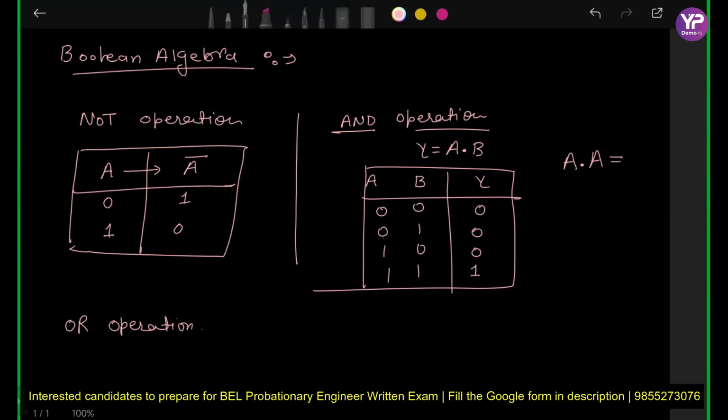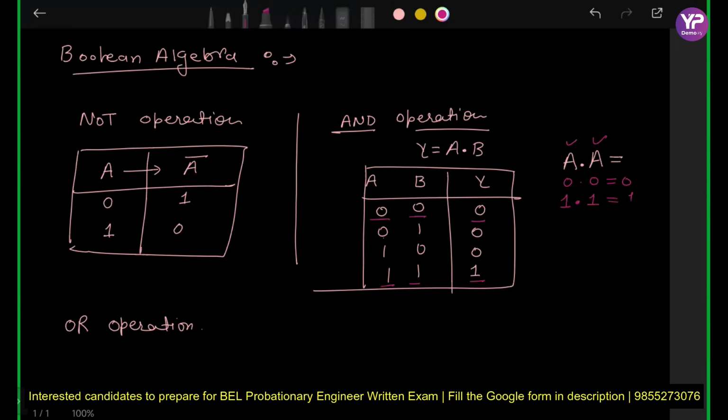That will be A. Basically, in this case, both the variables are the same. If your A value is 0, the second variable is also 0. Go to this table. When A and B both are 0, the output will be 0. Let's take A is 1, then the other A is also 1. Whenever both inputs are 1 1, the output will be 1.